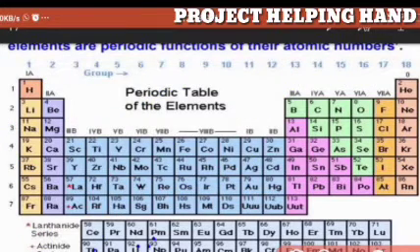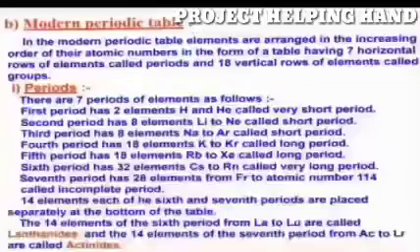If it comes for 1 mark in your exam, why are the lanthanide and actinide series kept separately below the modern periodic table, you can simply say: to avoid undue sidewise expansion. I repeat it again: to avoid undue sidewise expansion.